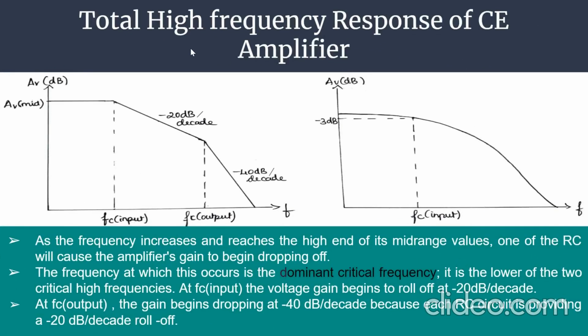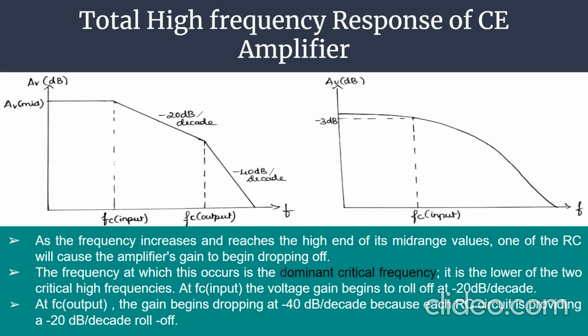So now let us consider the total high frequency response of the common emitter amplifier. Here, the two RC circuits created by the internal transistor capacitances influence the high frequency response of BJT amplifiers. As the frequency increases and reaches the high end of its mid-range values, one of the RC circuits will cause the amplifier's gain to begin dropping off. More importantly, the frequency at which this occurs is called the dominant critical frequency.